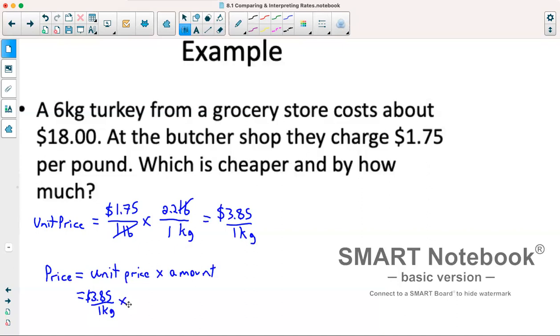We are multiplying by 6 kilograms. What you'll notice is this kilograms is in a numerator, this one's in a denominator, so they'll cancel out. If we've done everything correctly, those units will cancel out and just give us dollars. So we have 3.85 times 6, which is $23.10.